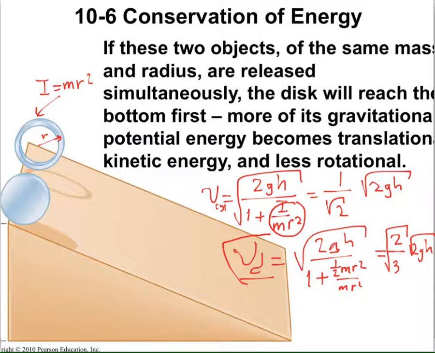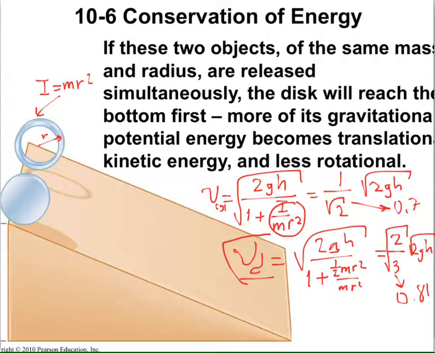For the cylinder, 1/√2 is around 0.7, and for the disk it is 0.81.